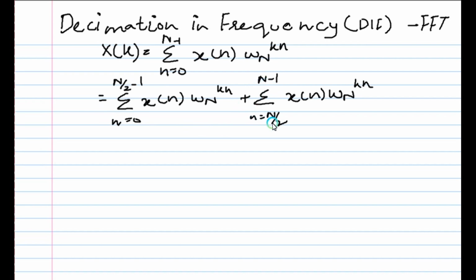In this summation, we notice that the limits are from N by 2 to N minus 1, and in the first it's from 0 to N by 2 minus 1. What I want is that the limits of the summation should be the same in both summations. So in the second summation I want the limits to be from 0 to N by 2 minus 1.